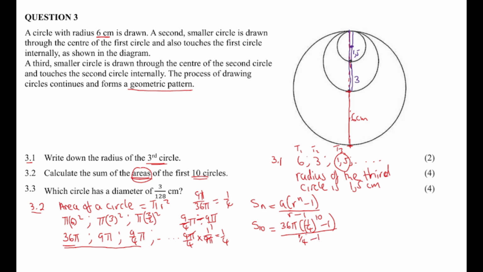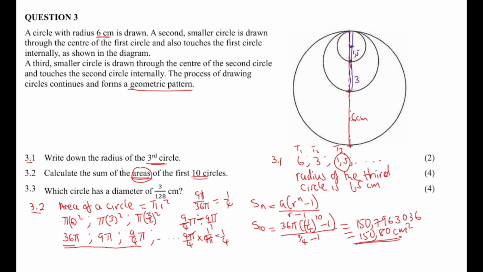And then you can put this in the calculator. You get 150,7963036, which is like 150,80 square centimeters if we round off to 2 decimal places.